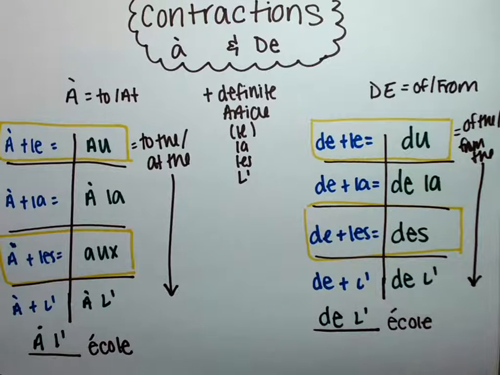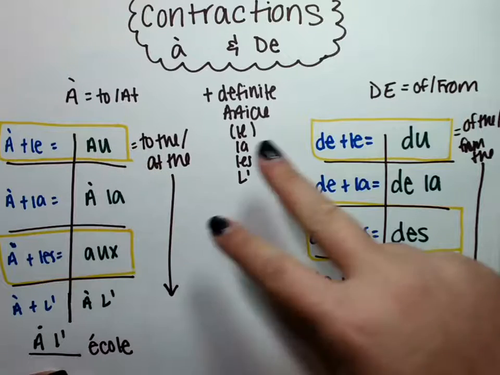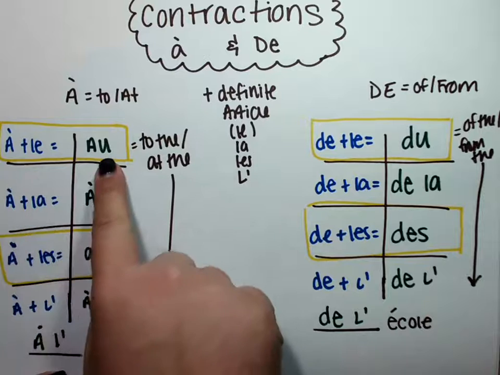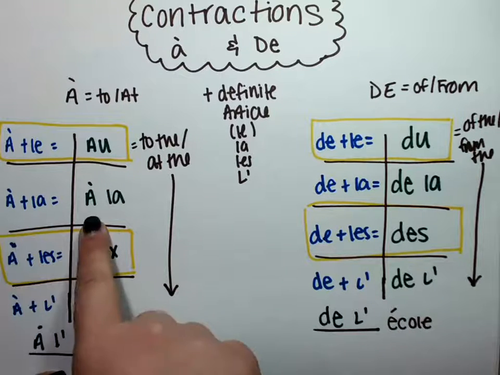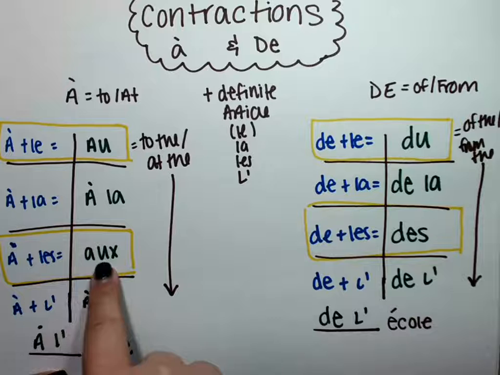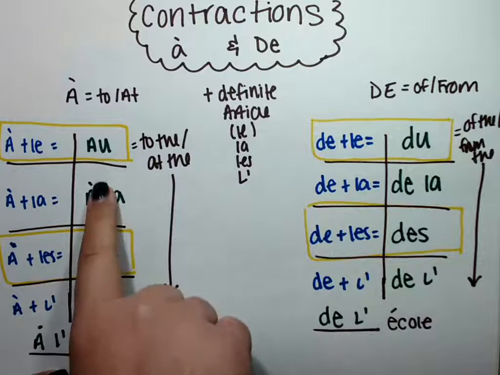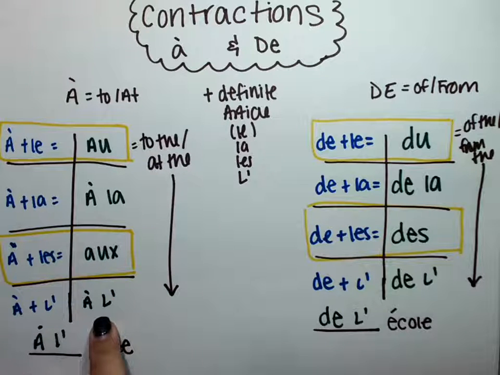With our contractions, we only have two forms that really change. The rest stay the same. So à plus le changes to au. À la stays the same. À plus les changes to aux with an x. And à l'apostrophe stays the same. And all of these mean to the or at the.